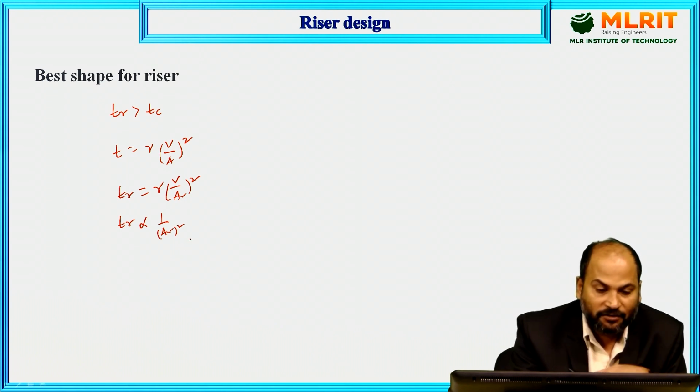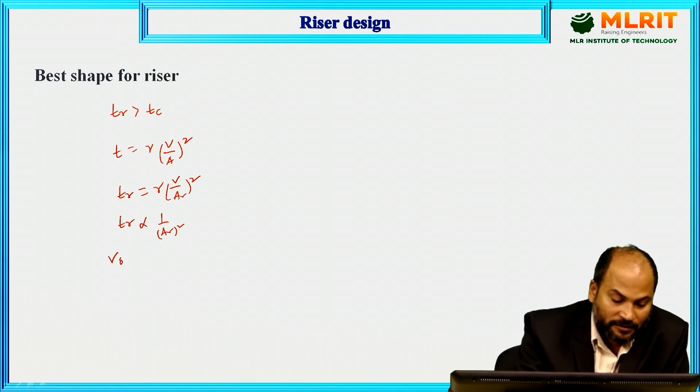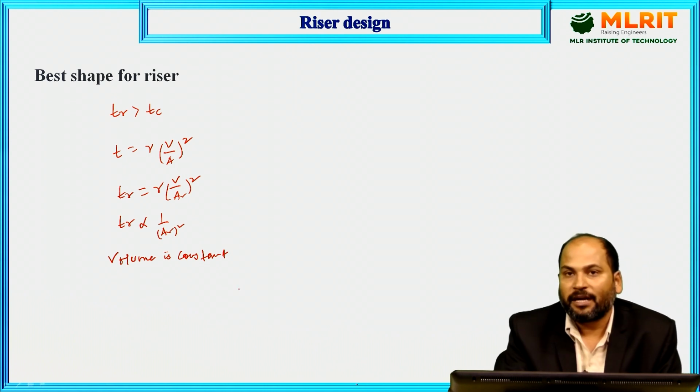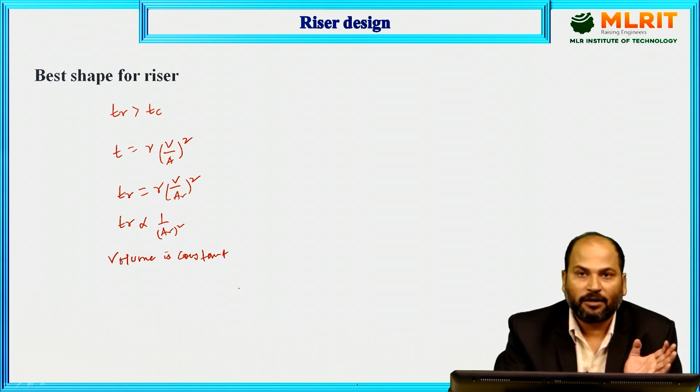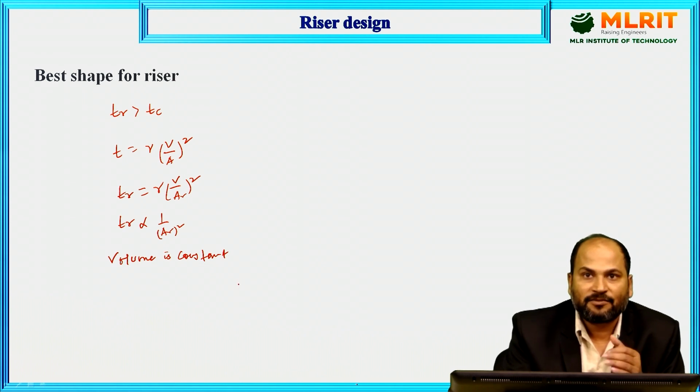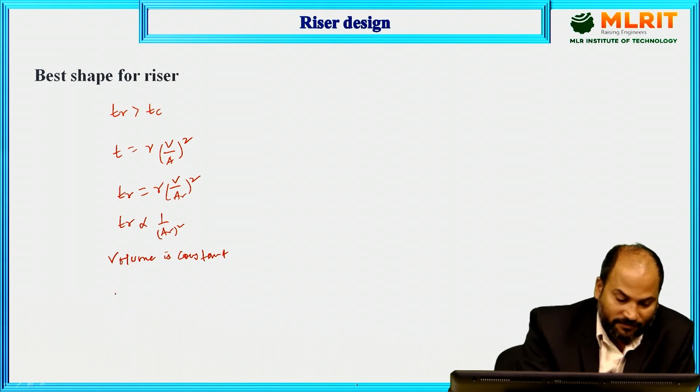Suppose we take the volume of the riser as constant. Then we know that for a given volume, the minimum surface area exists for a geometrical figure, and that is a sphere.